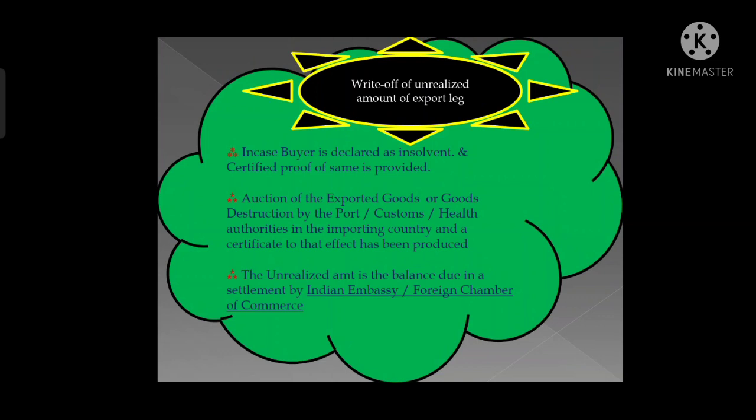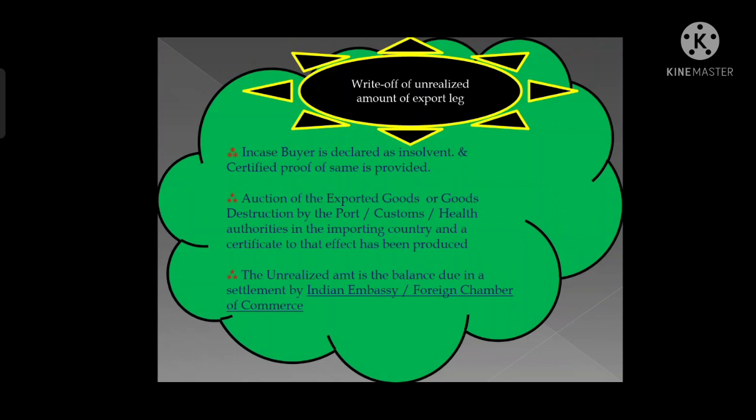The other one is the auction of the exported goods, meaning whenever the goods have been exported for auction. An auction is basically a process of buying and selling of goods in a public place by taking part in a bid. So whenever the goods have been exported for an auction, a certificate is required stating that the goods have been exported for an auction.